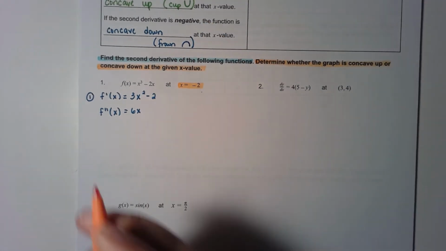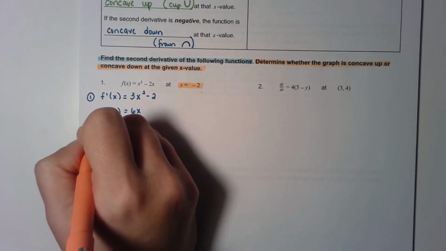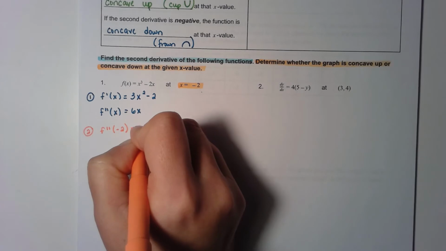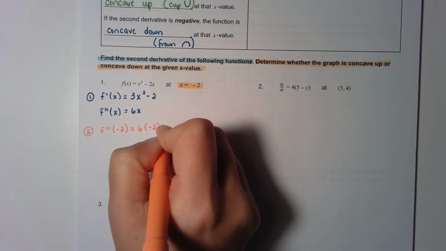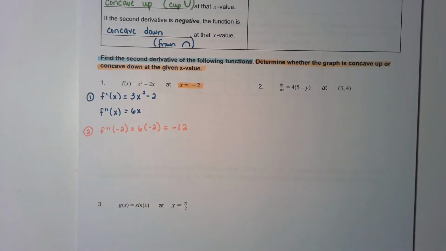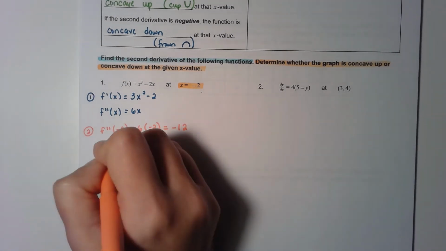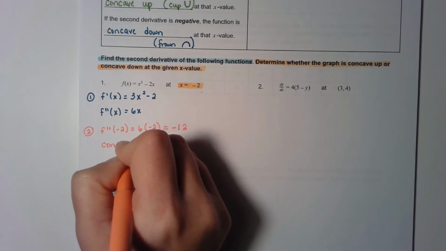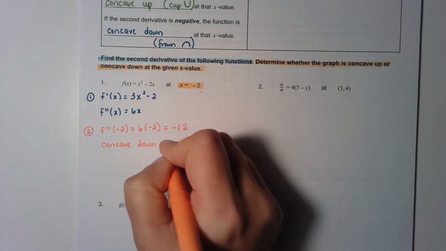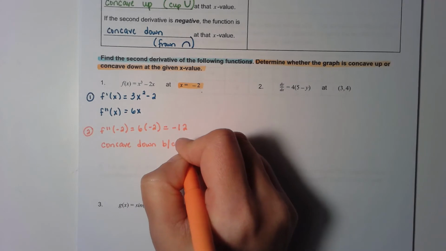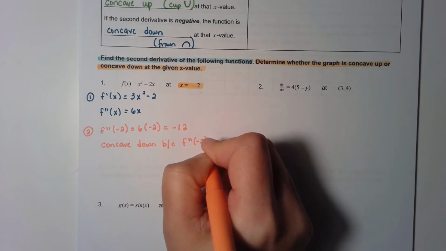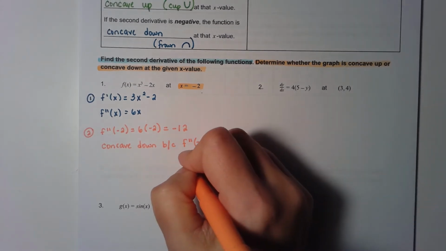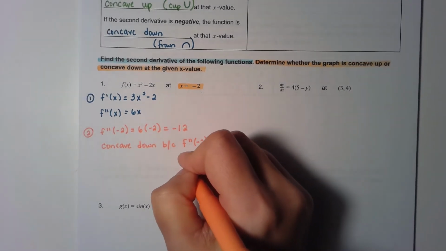All I'm going to do is plug that into my second derivative. So f double prime of negative 2 would be 6 times negative 2, which is negative 12. Because this is a negative number, the graph is concave down. It's negative, so less than 0. As a note, that means it would be shaped like a frown.